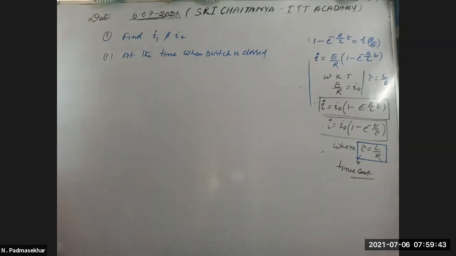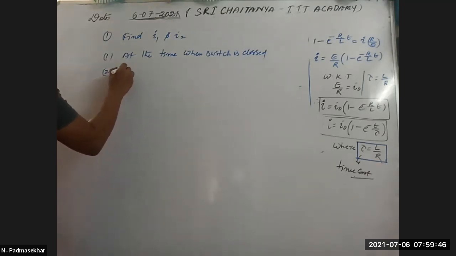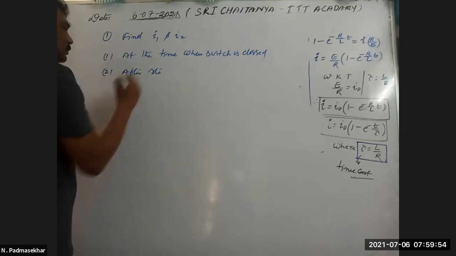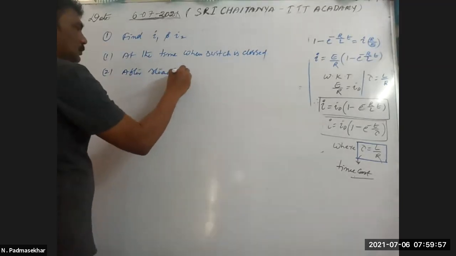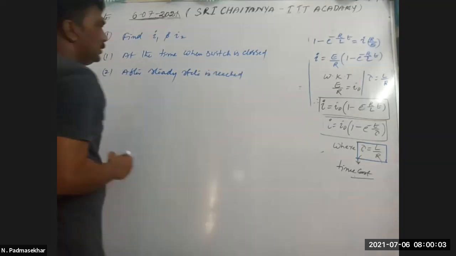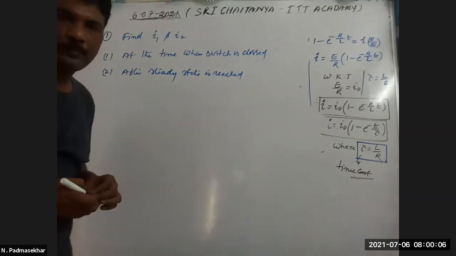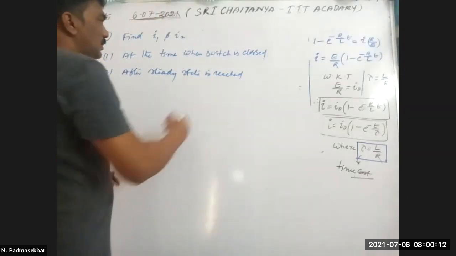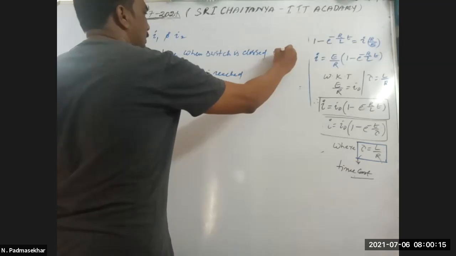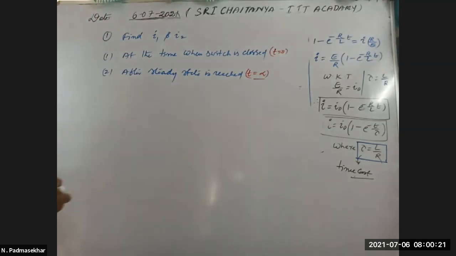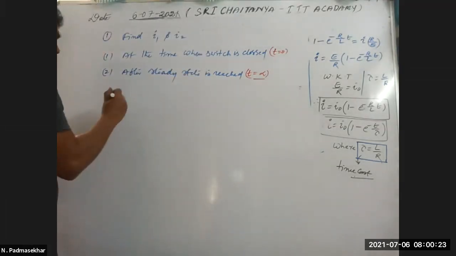Switch is closed, so number 2, after steady state is reached. So this is at t is equal to 0, and this is at t is equal to infinite, when steady state is reached. This is the circuit.